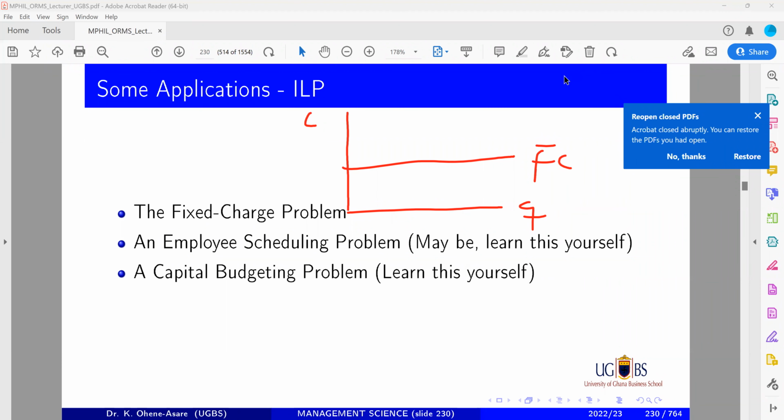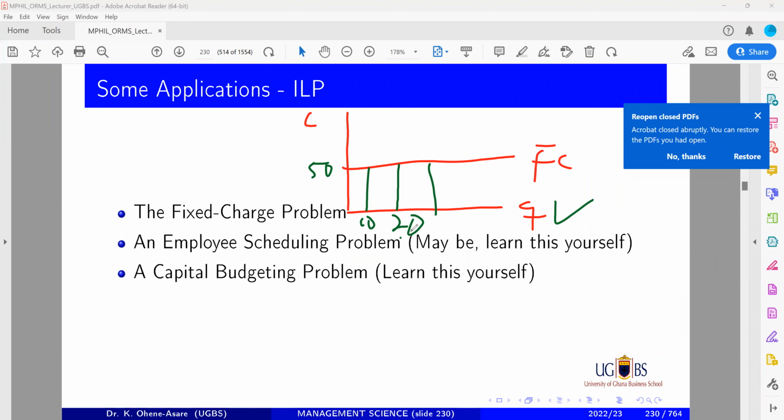Look at the x-axis here. If I were to produce 10, let's say this fixed cost is 50. If I produce 10, according to the horizontal FC line, I will incur the fixed cost of 50. If I produce 20, I will incur the same fixed cost of 50.